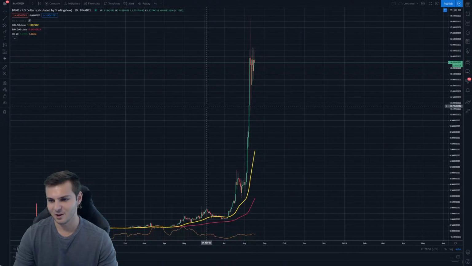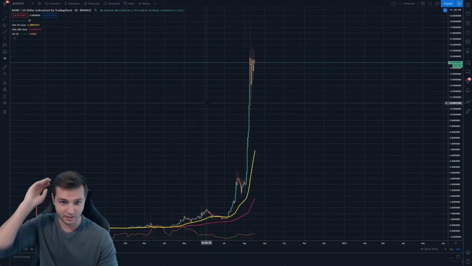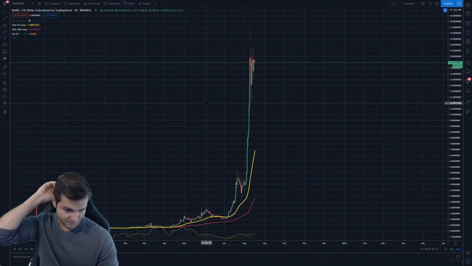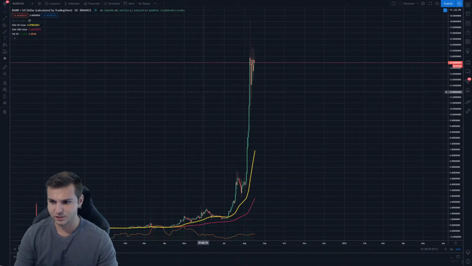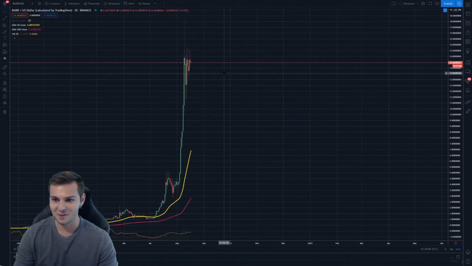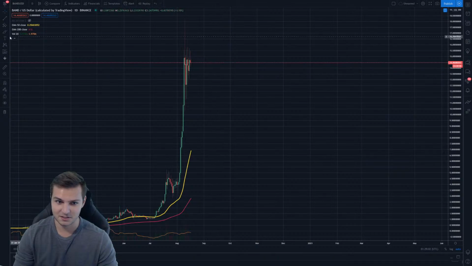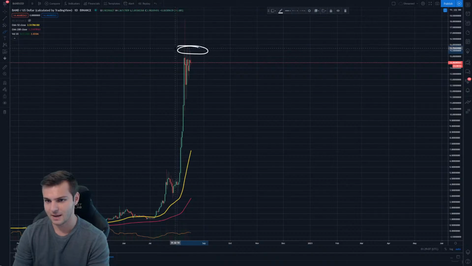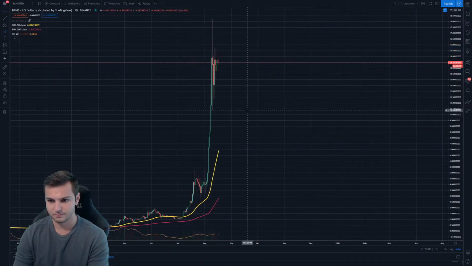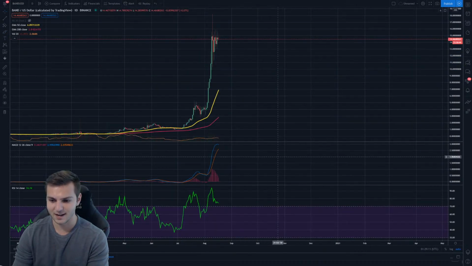Yeah. Okay, so this is very similar to Chainlink. There's really nothing for me to talk about here. It's parabolic. It looks like it's seeing rejection right here, and I don't see that as a good sign.